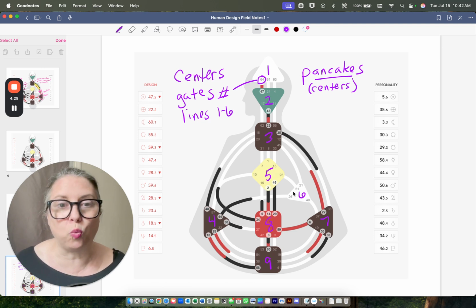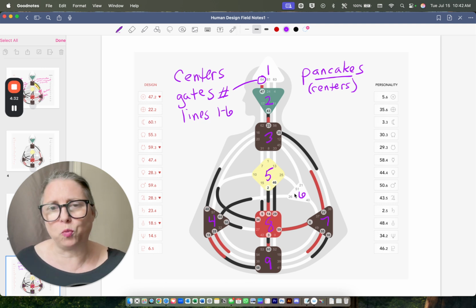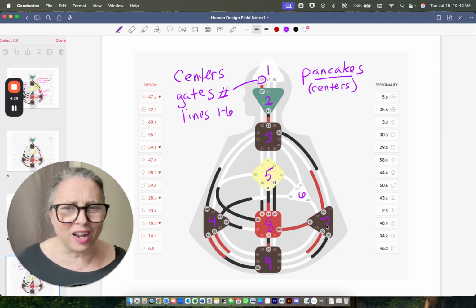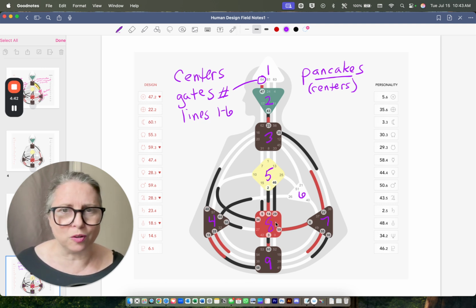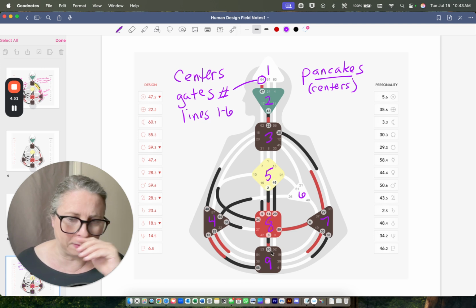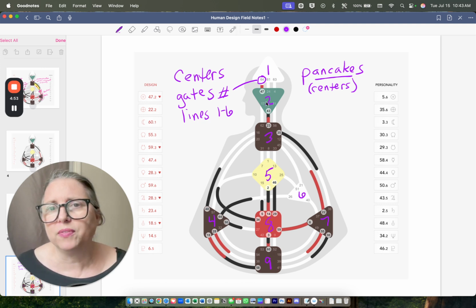Number 6 is willpower, so like your values and such, the stick-with-itness pancake. 7 is emotions, so there'll be different kinds of pancakes. 8 is the sacral center, which is like life force, regenerative energy. And number 9 is the root, so that pulse to move into action. And that's what the centers are. Those are those kinds of pancakes.